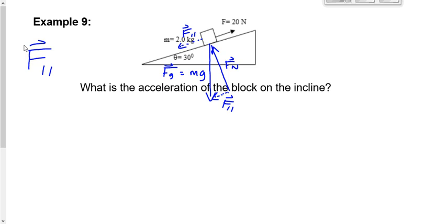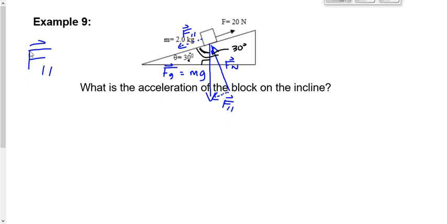Now, we need an angle in this triangle. Here's the good news. If this angle is 30 degrees, and this is 90, and it will be, because gravity always acts straight down toward the center of the Earth, then this would be 60 right here. And this is 90, so this angle right here would be 30. This angle right here is always going to be the same as this angle right here, always.